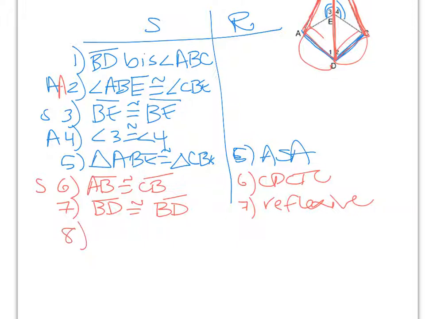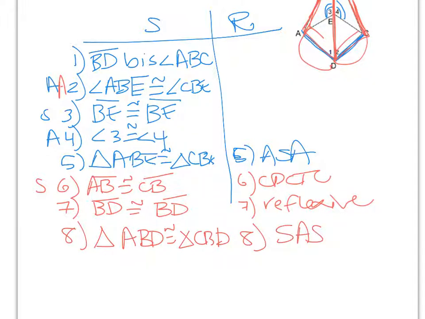Step 8 is that triangle ABD is congruent to triangle CBD. And that is now by SAS. And if you want to just remind yourself, SAS, the first S was step 6. The A is from step 2. The second S is from step 7.